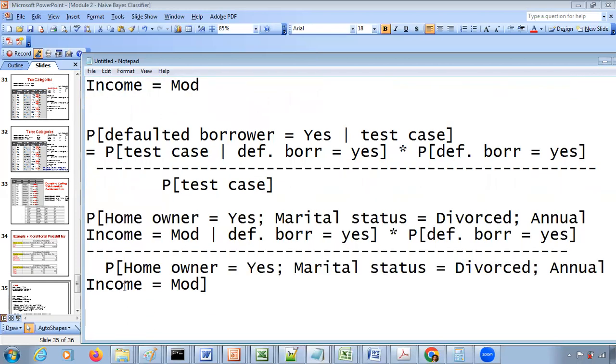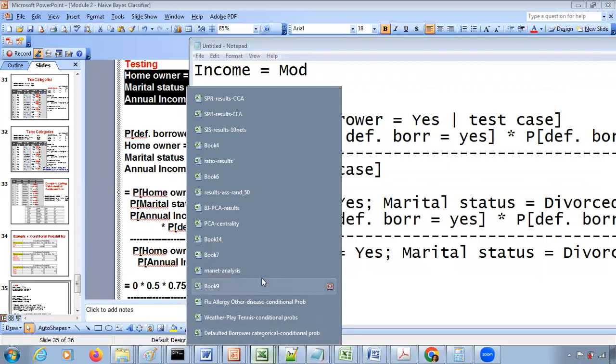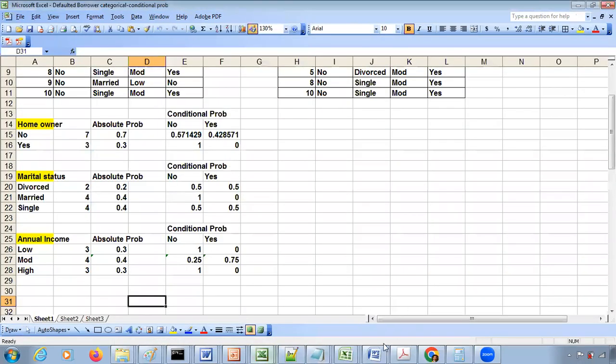Okay, so then, let's use this table that we did.